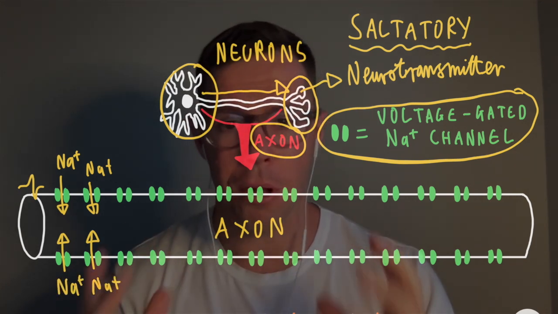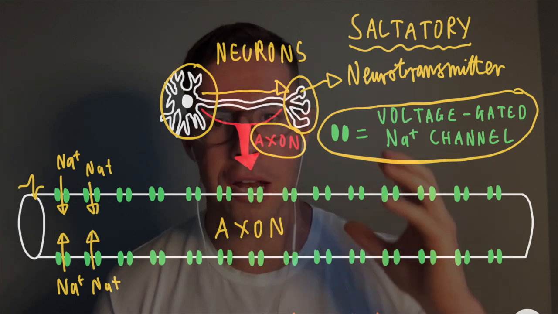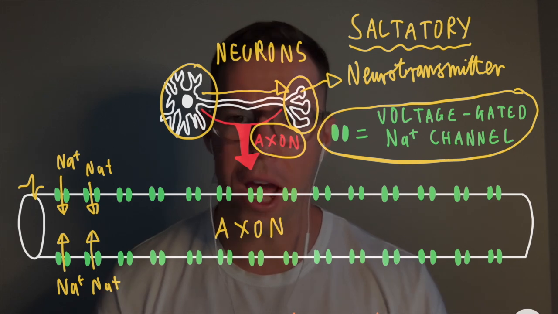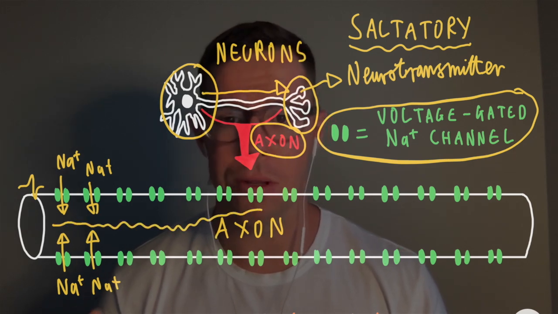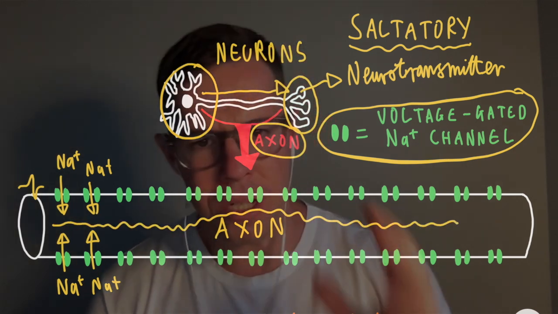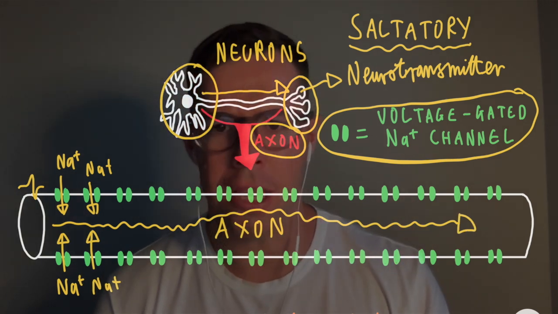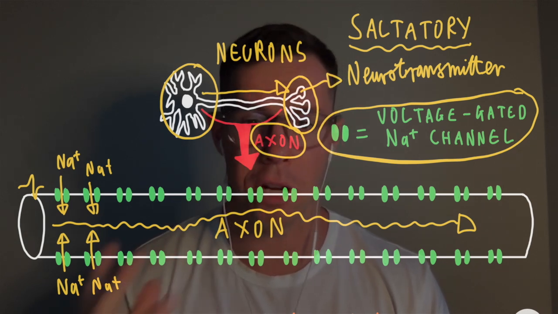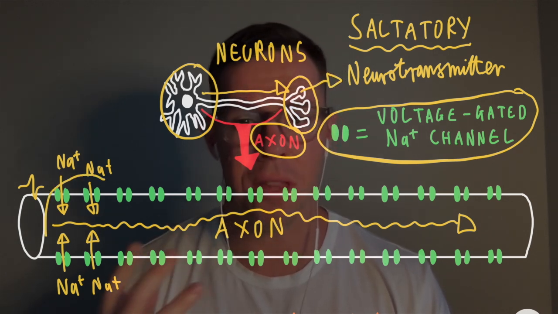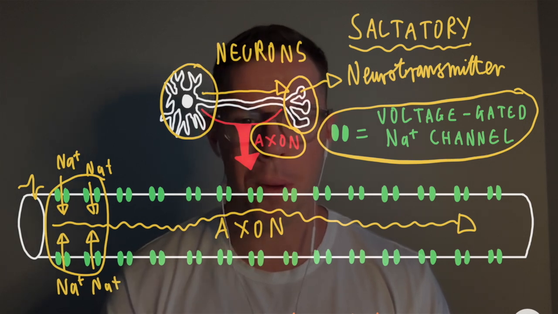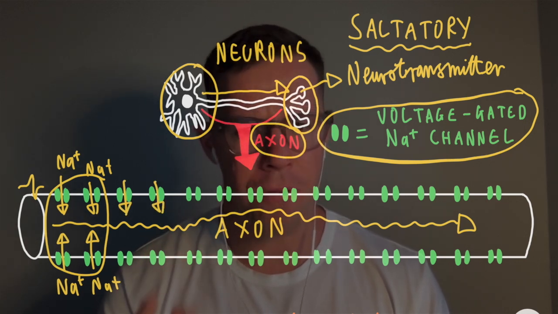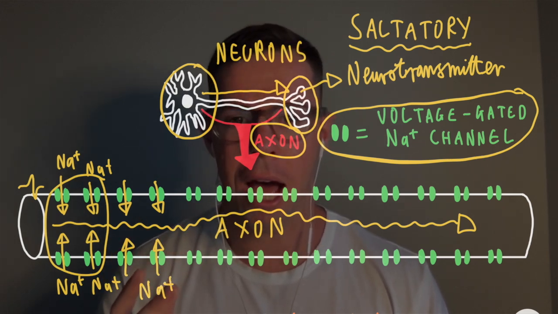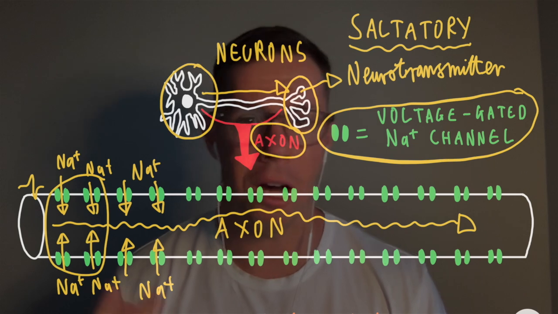This strong depolarization kickstarts an action potential, which travels in a wave-like fashion away from the cell body and towards the axon terminals. Specifically, the depolarization at the start of the axon triggers the opening of voltage-gated sodium channels at the next part of the axon, which will cause depolarization here and will therefore trigger the opening of voltage-gated sodium channels at the next part of the axon after that.